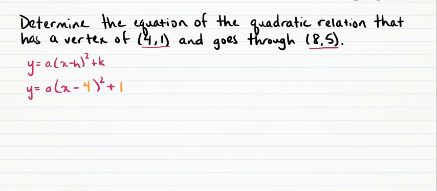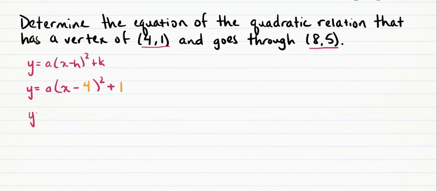Now, the other piece of information we have is that the parabola goes through the point 8, comma 5. That gives us an x and a y value that we know will satisfy this equation because it is a point on the graph. So we can substitute in 8 in place of x and 5 in place of y, and that will allow us to solve for a.